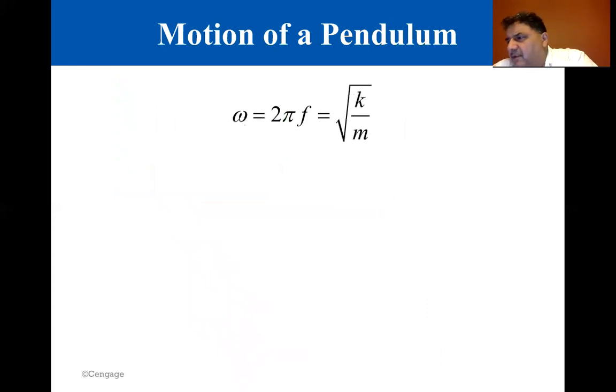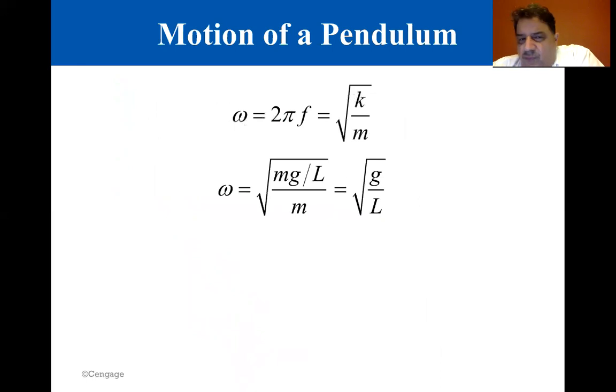You remember that for the object spring system, the angular frequency is given by the equation shown here. Omega equals 2 pi f, it's equal to the square root of k over m. Substituting the expression for k for a pendulum, we obtain omega equals the square root of mg over L divided by m.